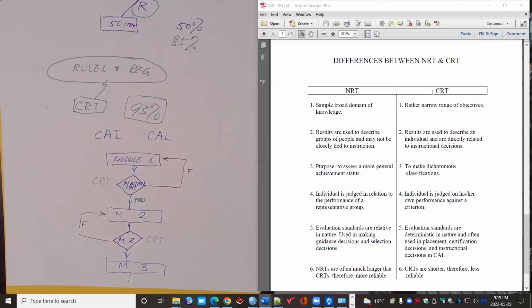CRT is very short. Look at the driver's license test. It's very short. So NRT is long because it samples a broad domain of knowledge.